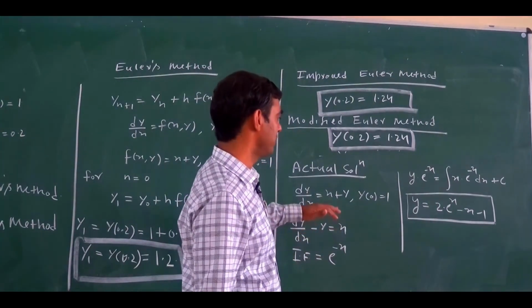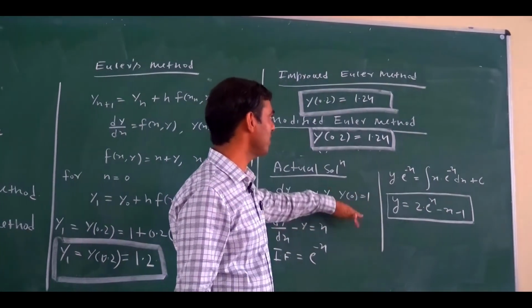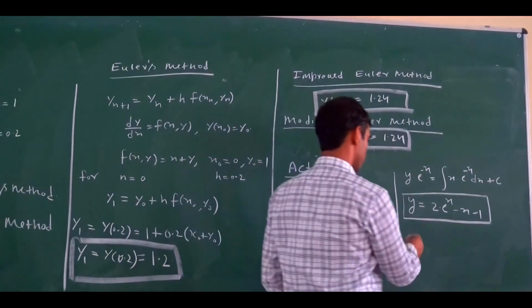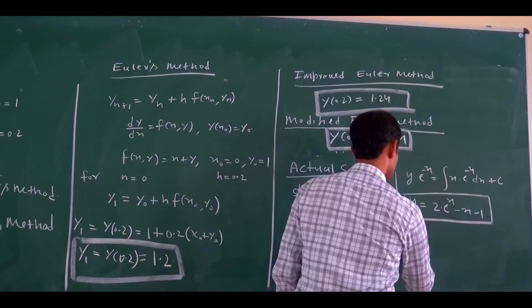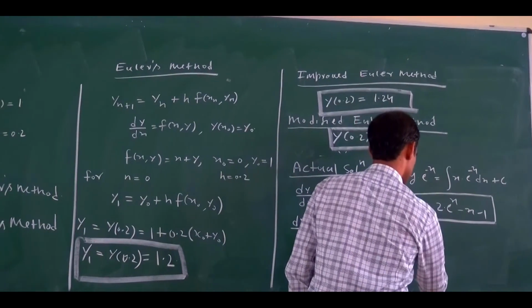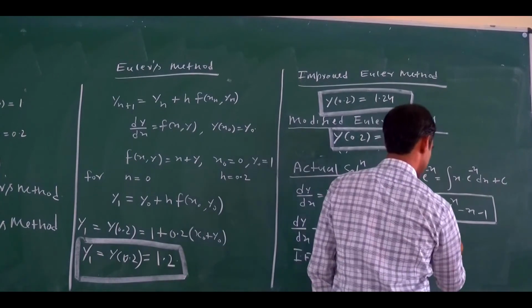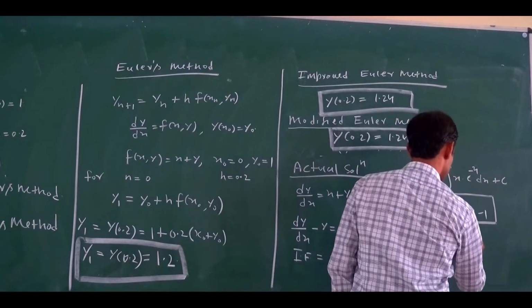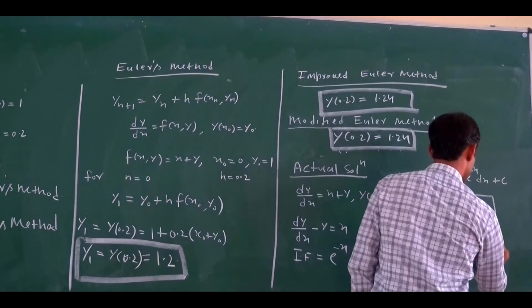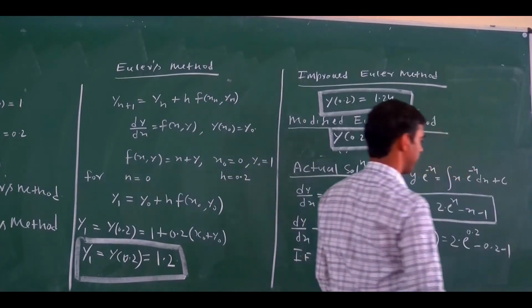Now we try to find the actual value of y at x equals 0.2. So y at 0.2 equals 2 into e to power 0.2 minus 0.2 minus 1.